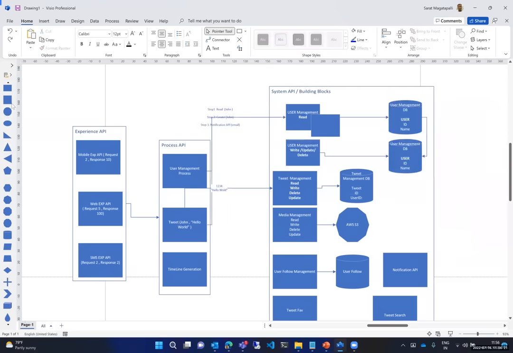So basically a load balancer will be deployed somewhere here. This is the load balancer, and it will manage the traffic between the available instances. Making sense?